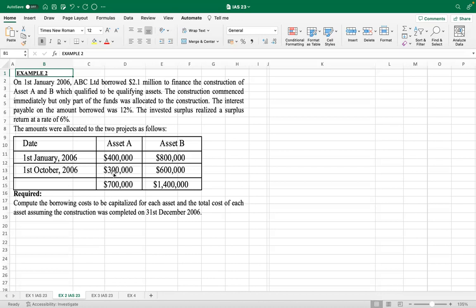When you are constructing a house, you don't use all the amount immediately. The amount is used in stages. Maybe what you will be using for roofing, you will use later on 1st October. Immediately we started construction, we only needed 400,000, in asset A.